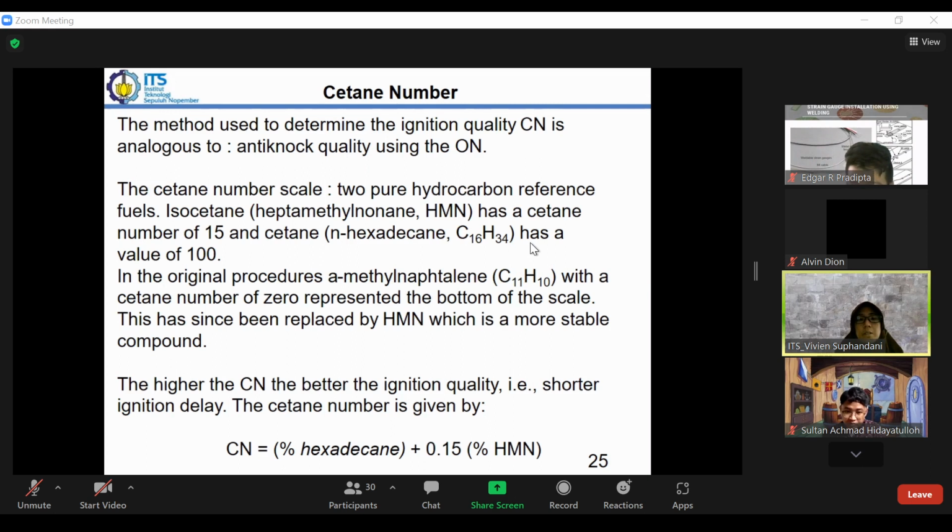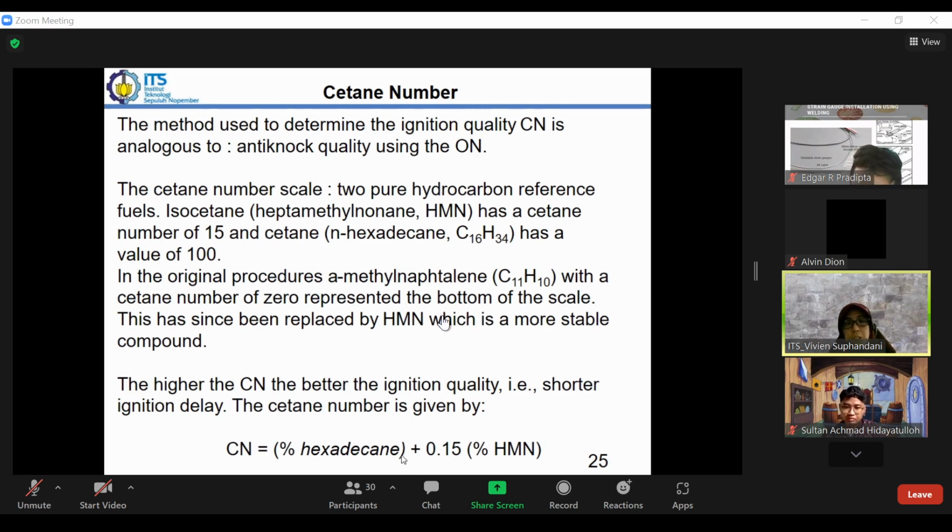But the main thing is that the cetane number is analogous to the anti-knock quality using the octane number. When we have a higher cetane number, then we have a better ignition quality or shorter ignition delay.